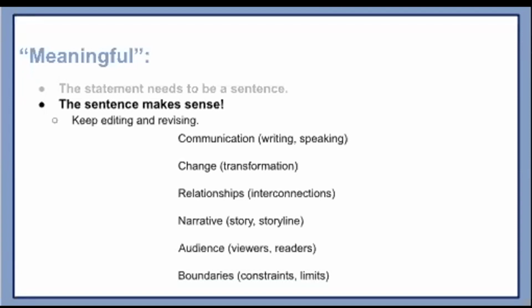A good place to find those replacement words is to look at the definitions of the concepts in the MYP guides. So for instance, communication might be replaced by writing or speaking. Change might be replaced by transformation. Relationships might be replaced by interconnections. Narrative by story or storyline. You can make it understandable and fluent.